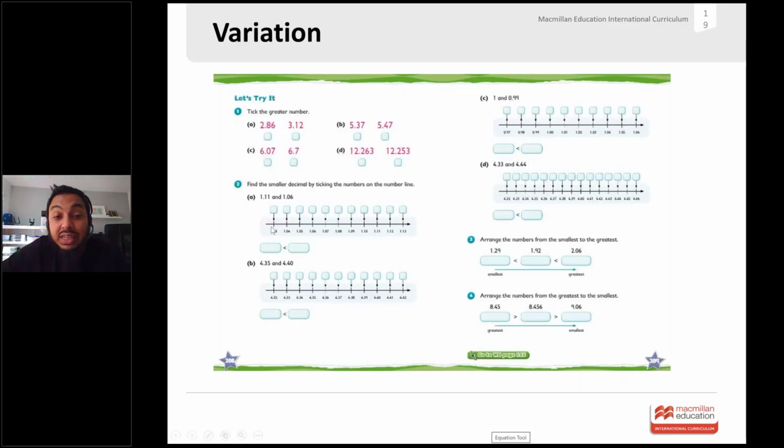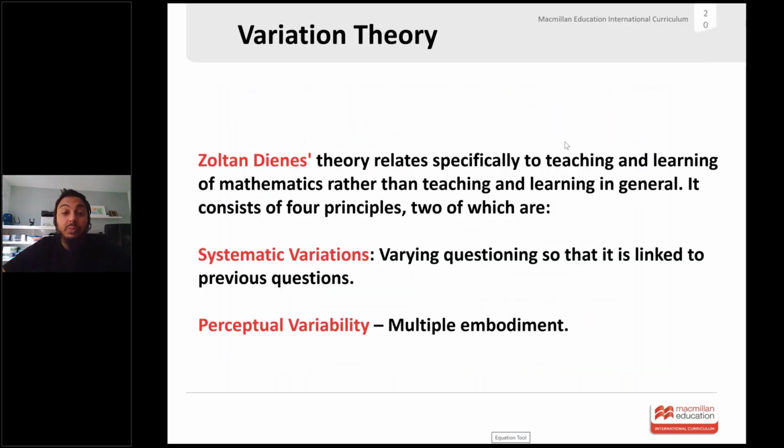You can see the decimals on a number line as an example. You can see the decimals with inequalities, which you have probably looked at before. And when Zoltan Dienes talks about some of his theories in terms of variation, he talks about systematic variation, having some variation in the way you're questioning your children.